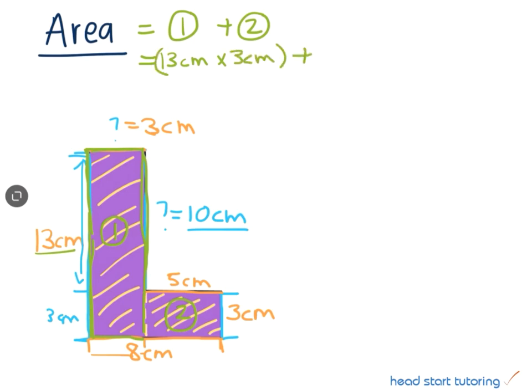And then we are going to plus the area of our other shape, which will be here, 5 centimeters by 3 centimeters. And the reason we do not use this 8 centimeters is because that entire length is not being used. It's only from here to here that the length is involved. So we've got 5 centimeters by 3 centimeters.